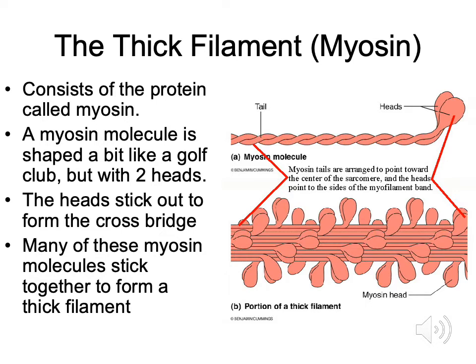You've then got the two projections coming off each myosin molecule, somewhat like the golf club heads. That's the myosin head, and these are what are going to form cross bridges, which are going to be crucial in muscular contraction that we have shortly. The heads project outward from the shaft in a spiraling fashion, so they go all the way around the outside, as if wrapped around the thick filament in the middle.